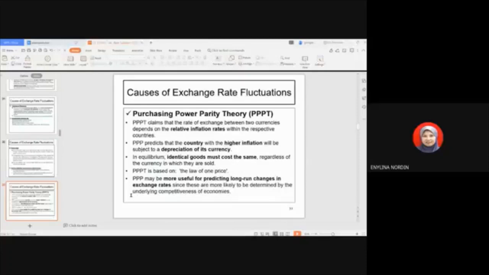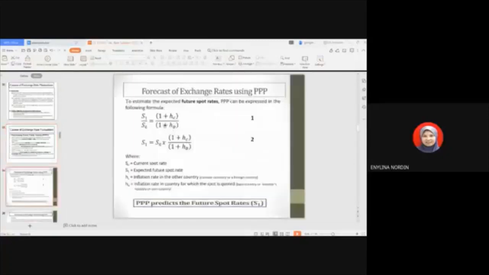For PPP, there is a formula. The PPP theory can be used to forecast or estimate the expected future spot rate, or to predict the exchange rate of the foreign country.